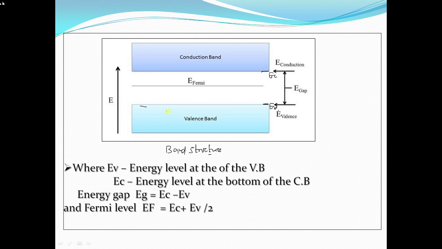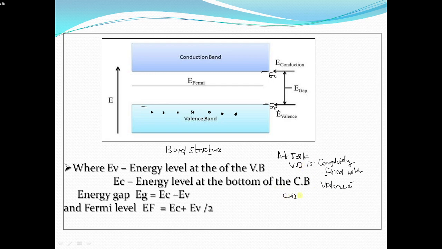Okay. Now, where do valency electrons lie? Valency electrons lie in the valency band. If I see at T equal to 0 Kelvin, when I don't give any temperature, the valency band is completely filled with valency electrons.